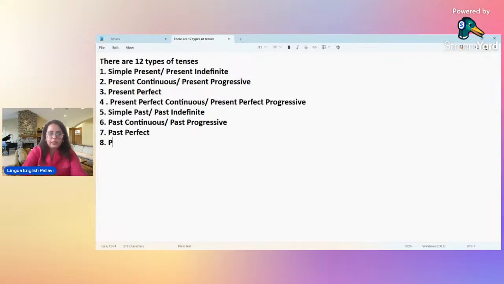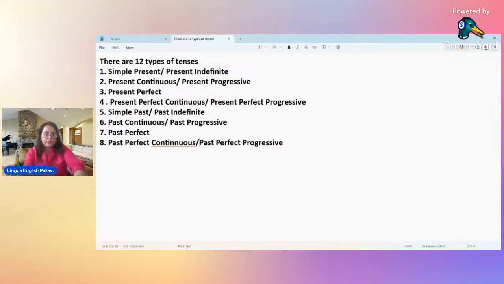And number 8 is past perfect progressive, or we call it past perfect continuous. So it is past perfect continuous or past perfect progressive.